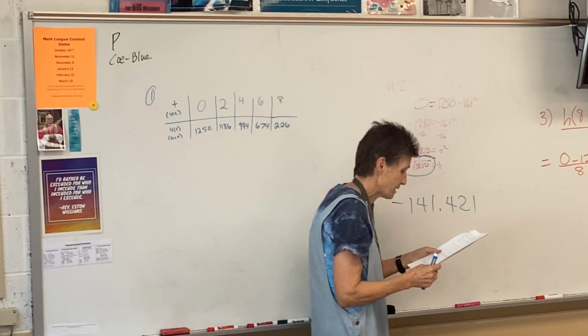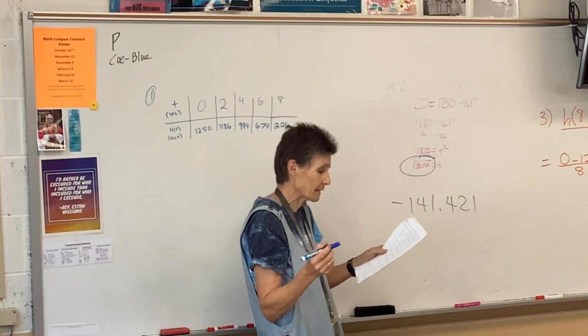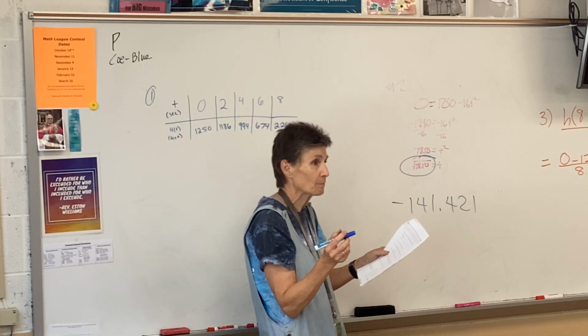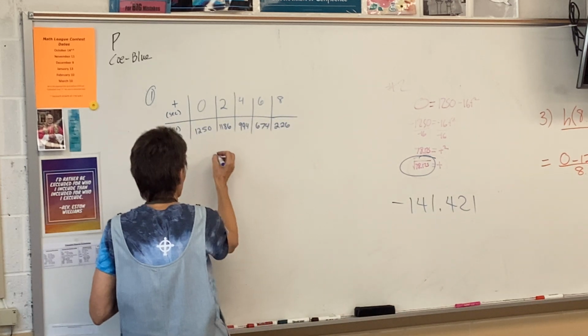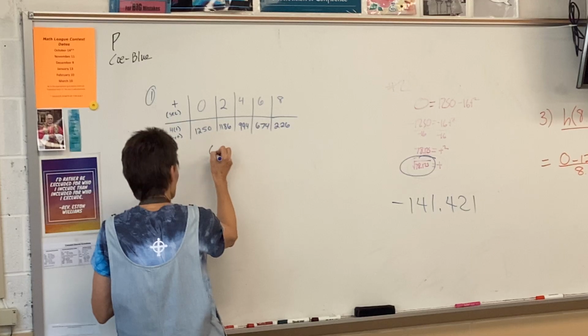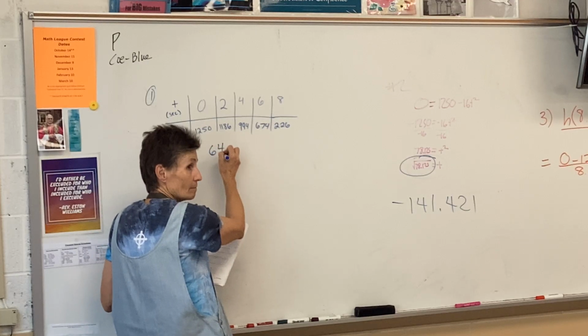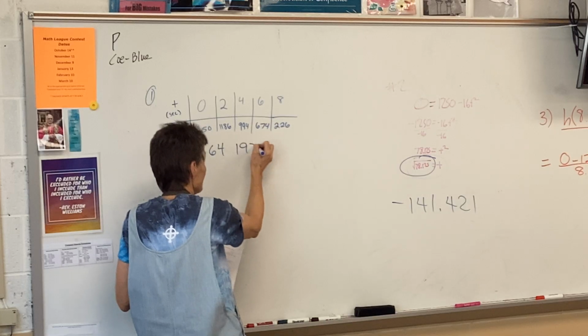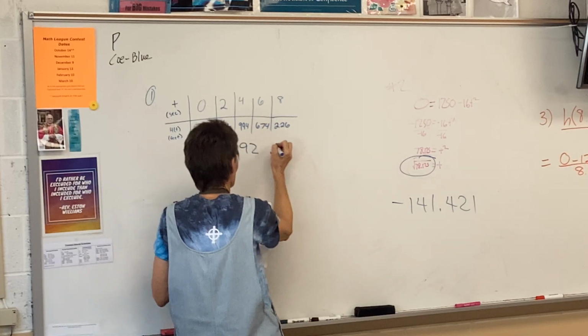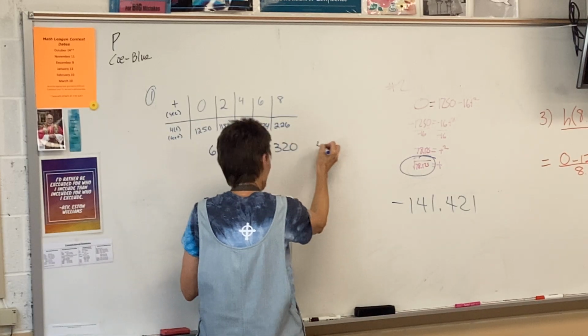How many feet did the penny fall during each 2-second interval? Did you get that far? So in the first 2-second interval, it was 64. And then 192, 320, and 448.